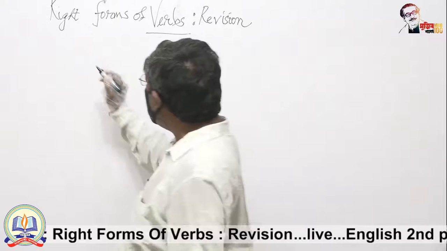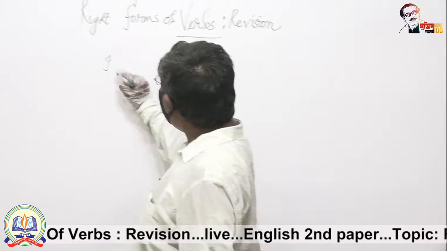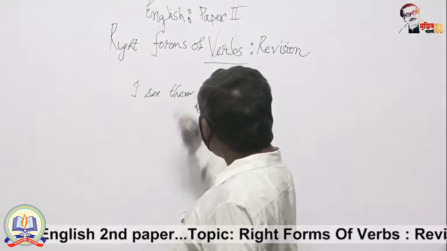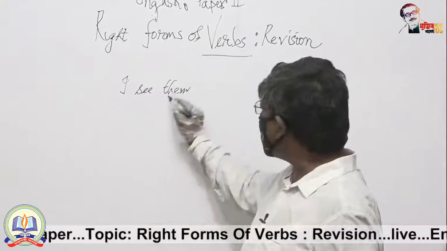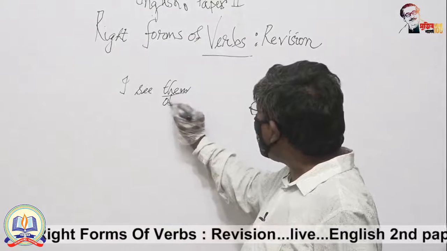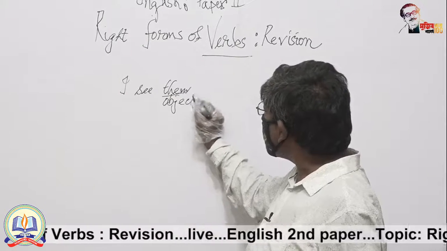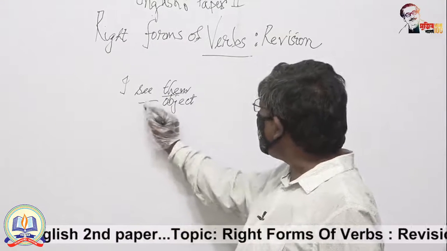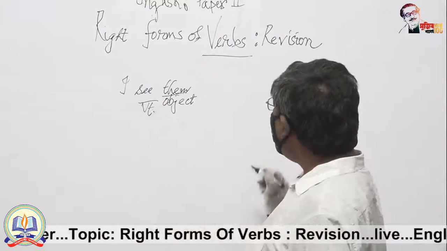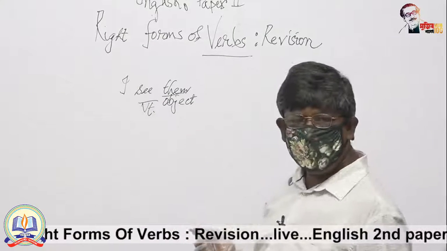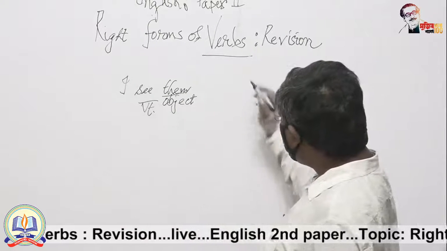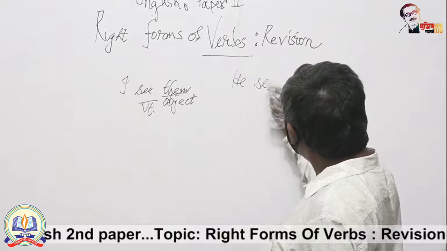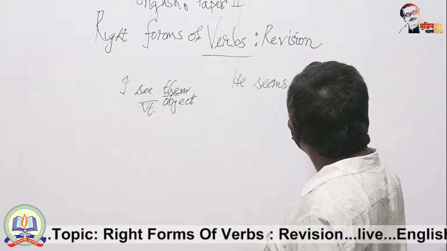For example, when I write, I see them, I defined in a previous class what is an object. When a finite verb is followed by an object, the verb is a transitive verb. But when there is no object after the finite verb, for example, he seems sick.